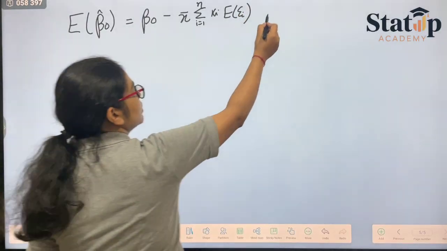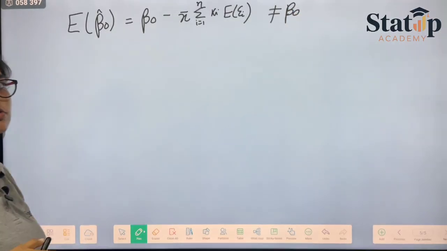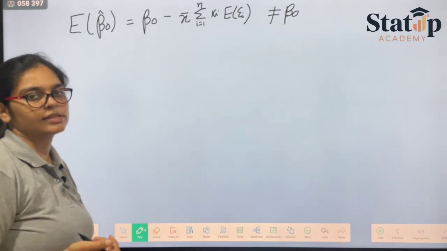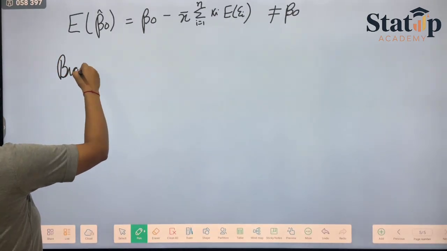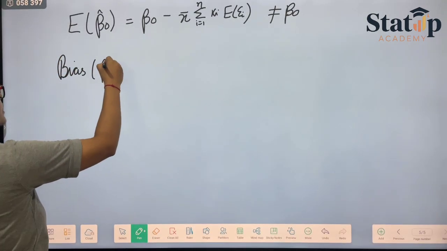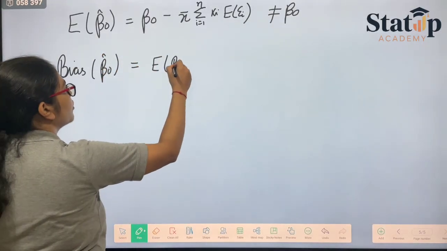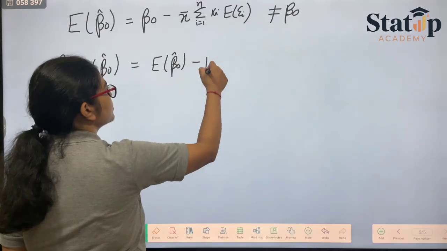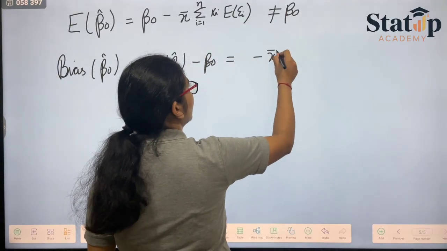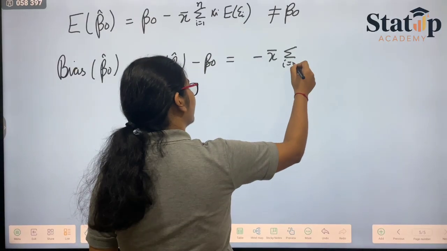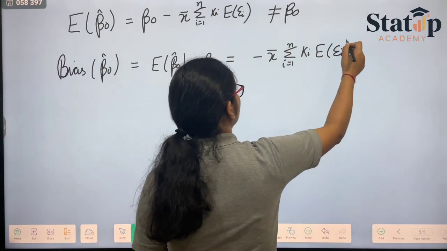Again, it is not equal to beta naught, and hence it is also not an unbiased estimator but a biased estimator. So we can write it as bias of beta naught cap is given by expectation of beta naught cap minus beta naught is equal to minus x bar summation i goes from 1 to n ki expectation of epsilon i.